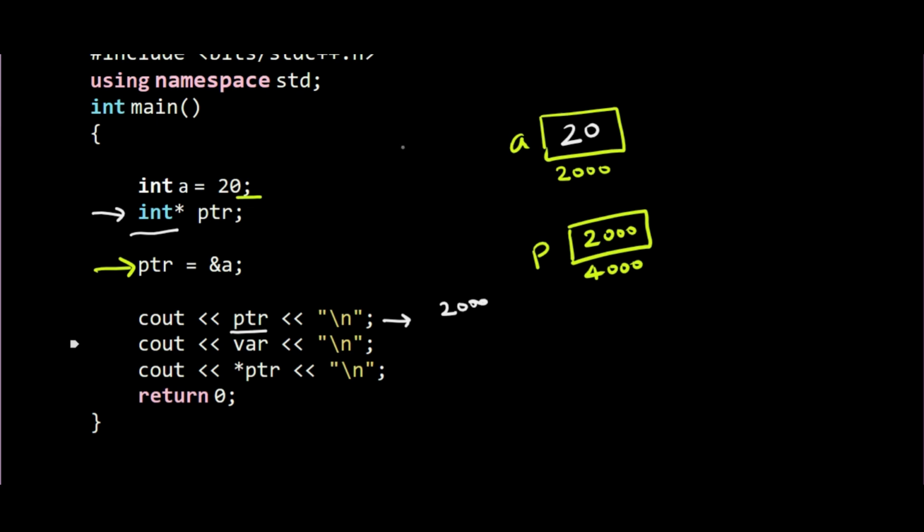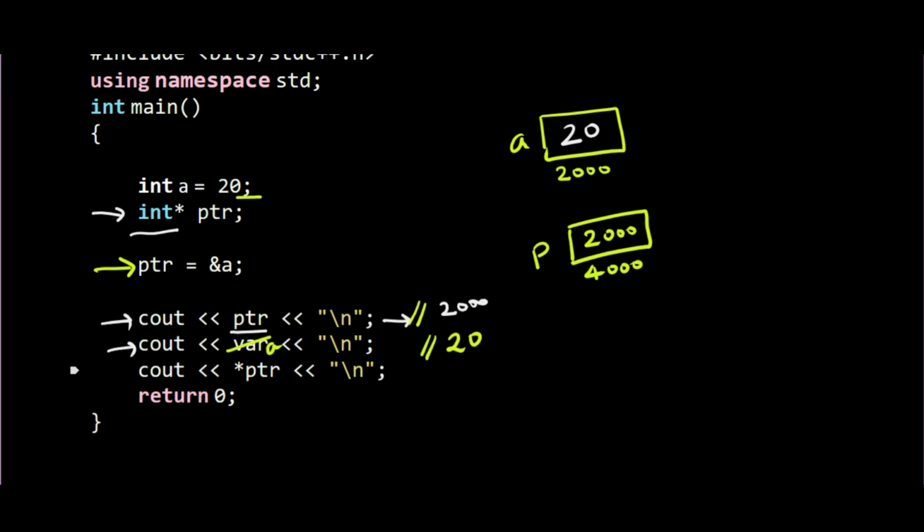But when we run this line of code, where, sorry, this would be a here. So what will be the output of a? The a has got value 20, so simply this will output 20.